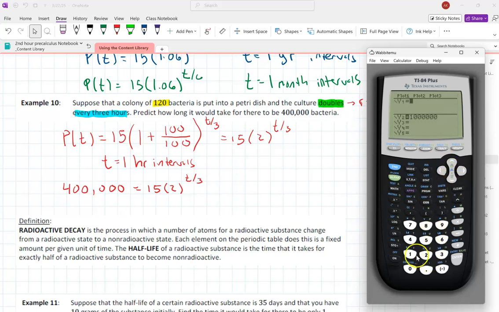So I have 120 times 2 to the x over 3, and then 400,000. And I'm going to check my window here. So the x's are representing hours.